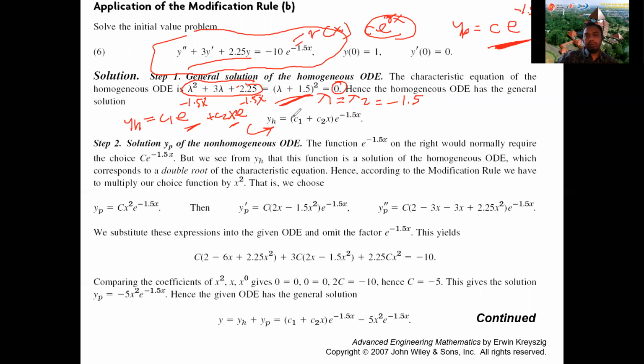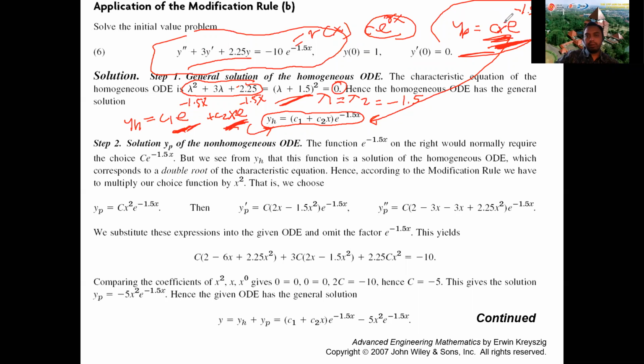So in our case the homogeneous solution is like this. If we take a look at yp again, it is not linearly independent from these solutions, because this has been used as C1 e to the power of minus 1.5x. So you put x over here, but again, it has also been used over here, so you put x squared.